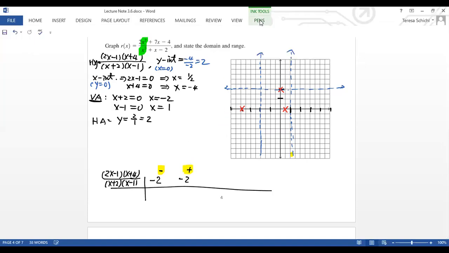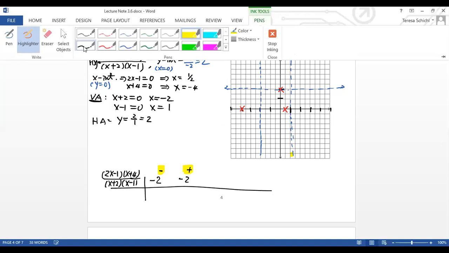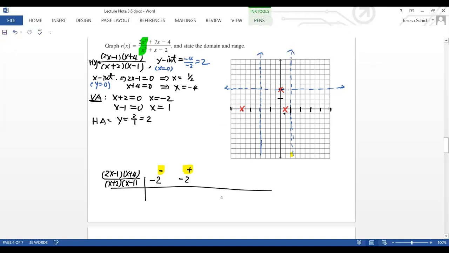Then my next one is, oh, I'm sorry, this is not an intercept, this is the vertical asymptote. So the next asymptote is 1, from the left-hand side, and 1 from the positive side.